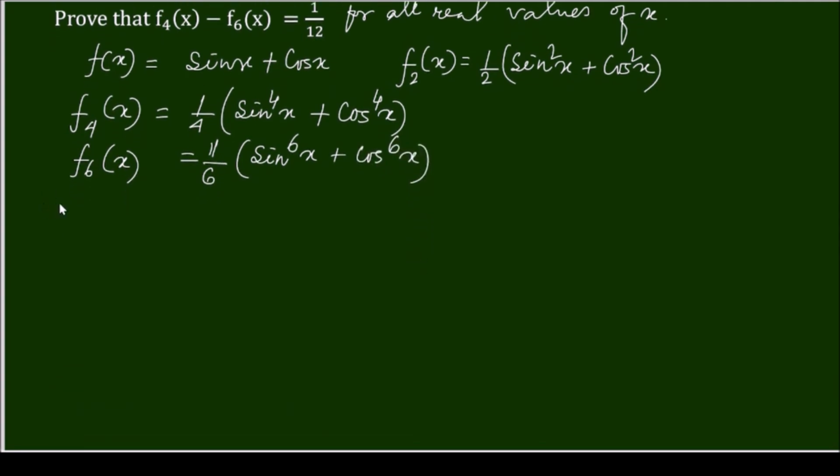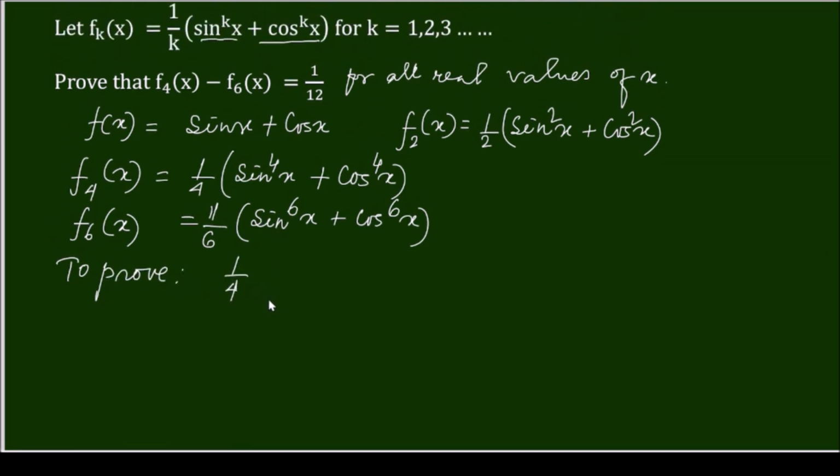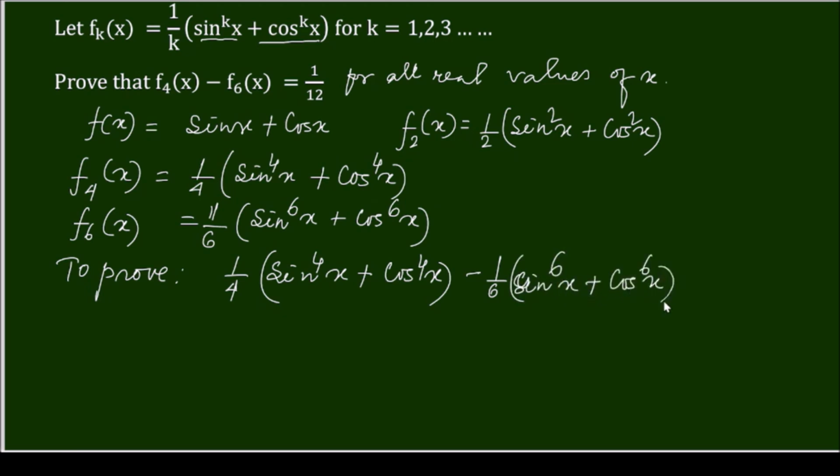We have to prove 1 by 4 sin power 4x plus cos power 4x, minus 1 over 6 into sin power 6x plus cos power 6x equals to 1 by 12.